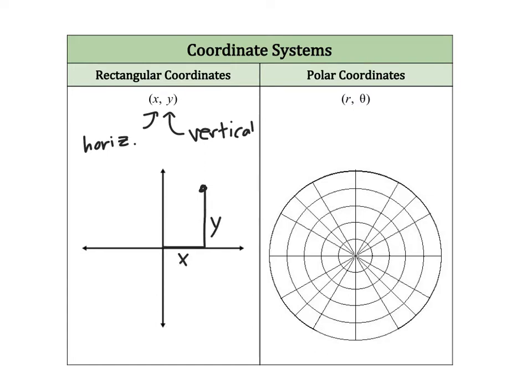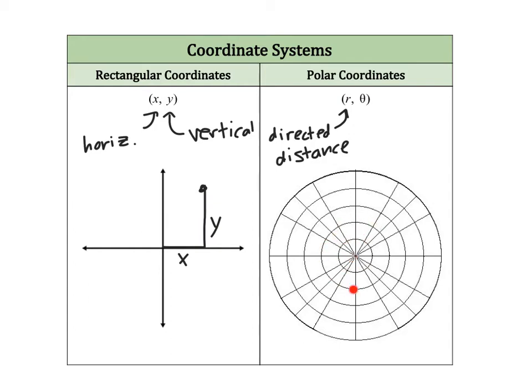So polar coordinates, you have to remember, are completely different. They no longer represent horizontal and vertical movement. Now, this first number that you see we call R. R represents what we can call directed distance. So it's essentially your distance away from the origin.